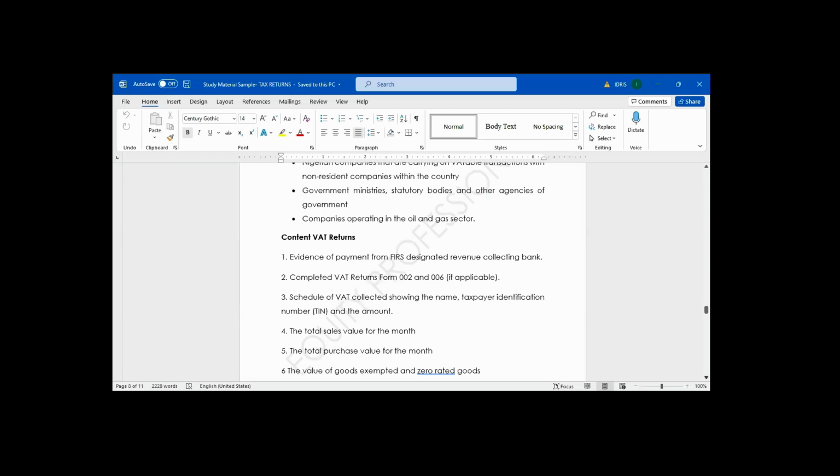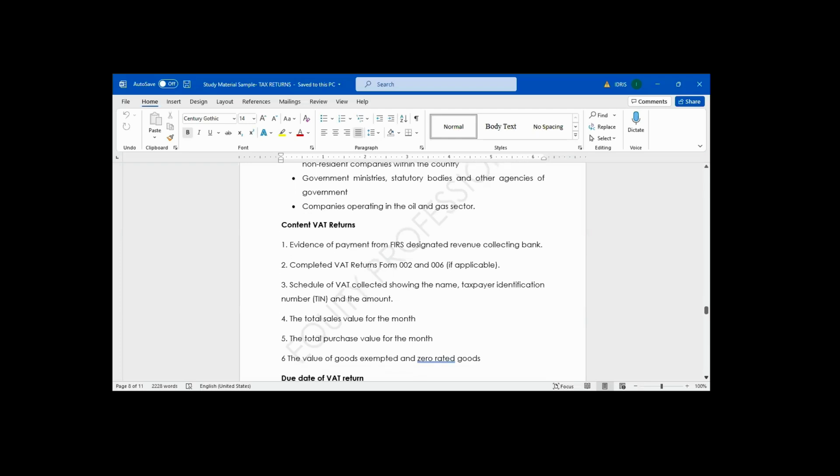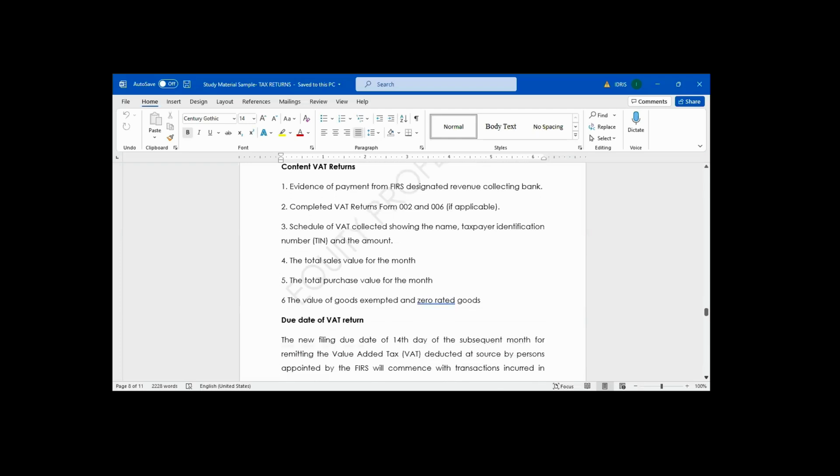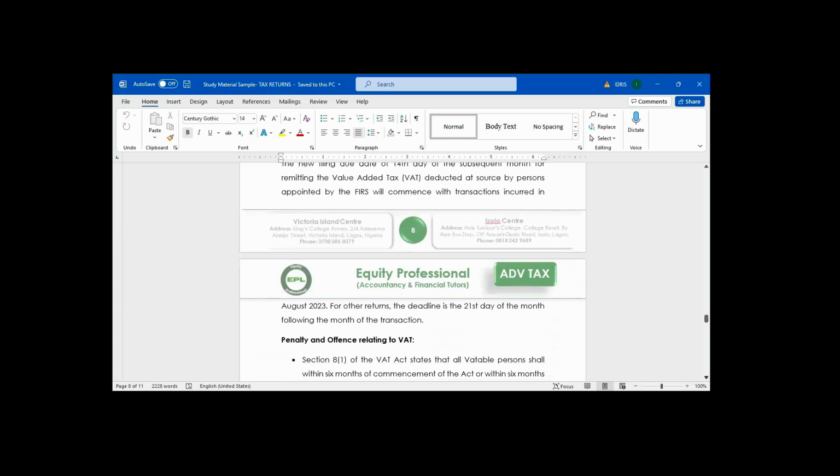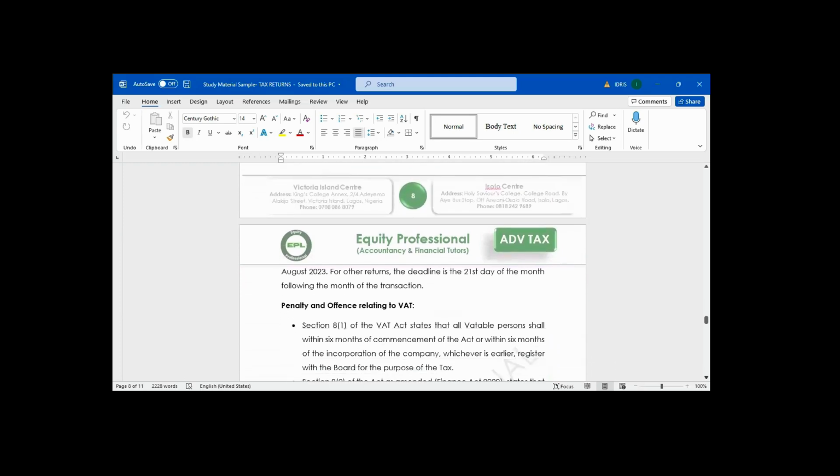While number five, the total purchase for the month. So these are the contents of a value added tax return.